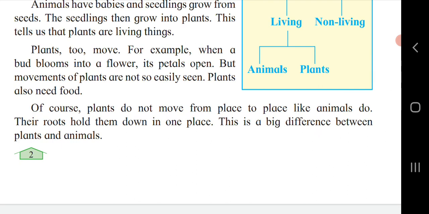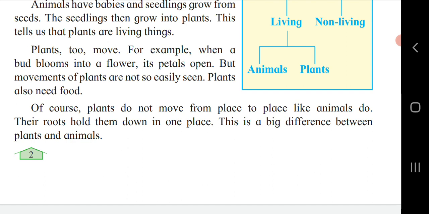Of course, plants do not move from place to place like animals do. The roots hold them down in one place. This is a big difference between plants and animals. Yes, animals move from one place to another. Birds can move from one place to another. Human beings can move from one place to another.